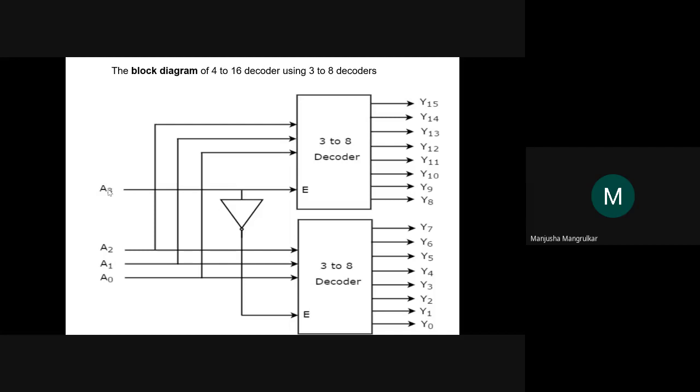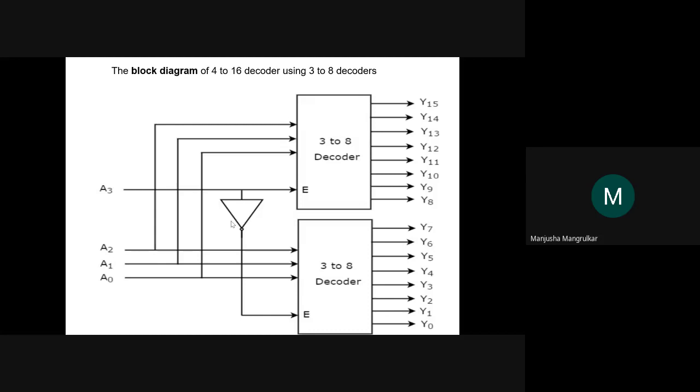It is going to enable either one of the decoders at a time, either this 3 to 8 decoder or this 3 to 8 decoder. If A3 is 0, this decoder will be activated, and any one of the outputs from Y0 to Y7 will depend on the A0, A1, A2 condition.